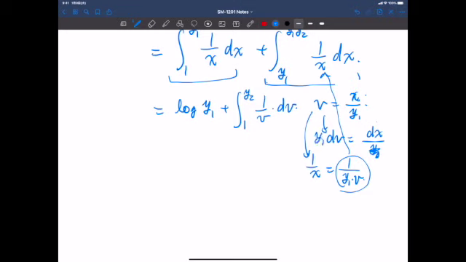So this y1 will cancel. This dx is substituted here, and we get this.